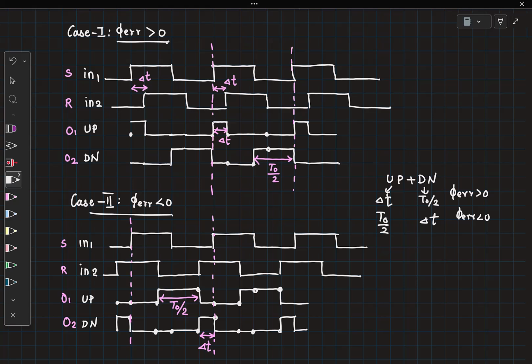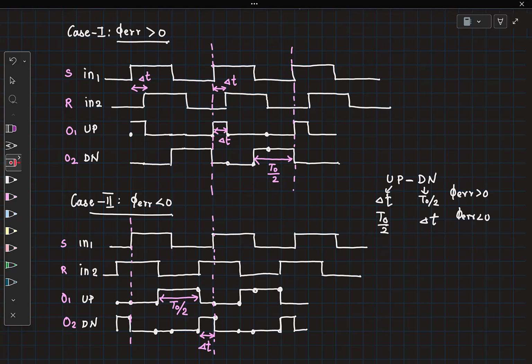Then what can I do? You want to do an XOR? We can consider doing it in a minute, but mathematically what? Subtraction, right? So instead of doing up plus down, if I were to do up minus down, now whenever the phase error is lesser than 0, down has the delta t information. Because I am doing up minus down, it becomes minus delta t.